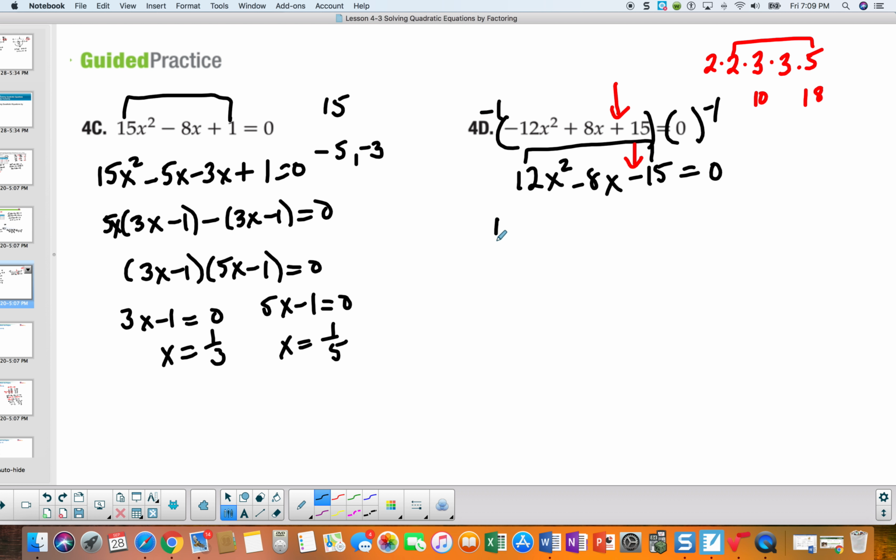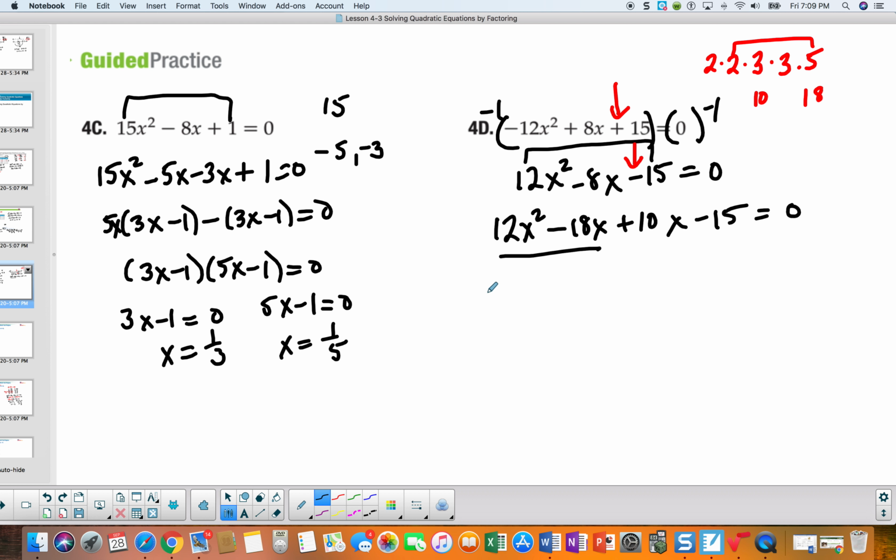Okay, so I'm going to write 12x squared, and instead of -8x, I'm going to write plus 18x minus 10x. That makes a, oops, need to reverse that. I'm going to write -18x plus 10x. That's going to create the -8x. Minus 15 is equal to 0.